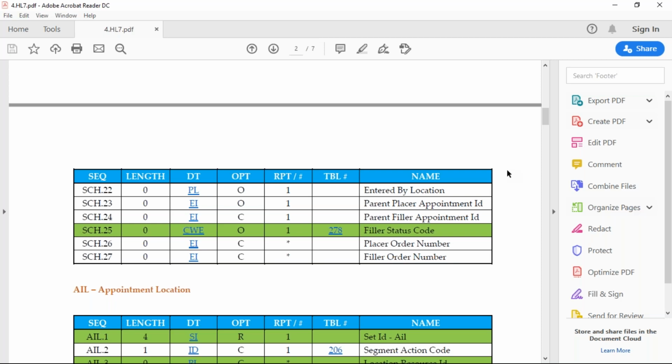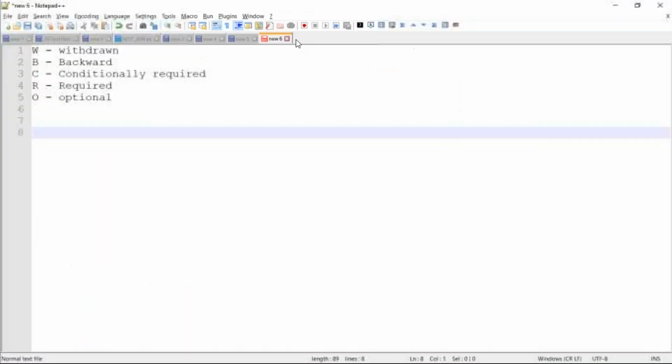But what really happens in the background is when they reschedule an appointment, the existing appointment gets cancelled and a new appointment gets created with a new appointment ID. So what happens now? Let us say an appointment got generated with an ID 123456.